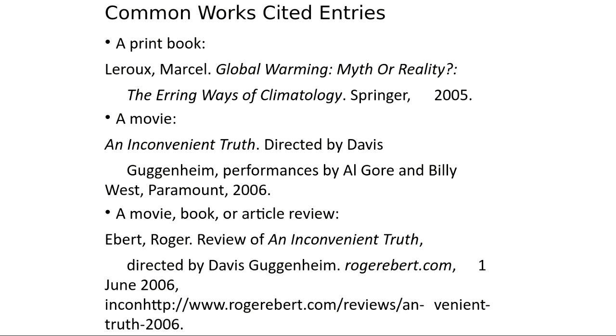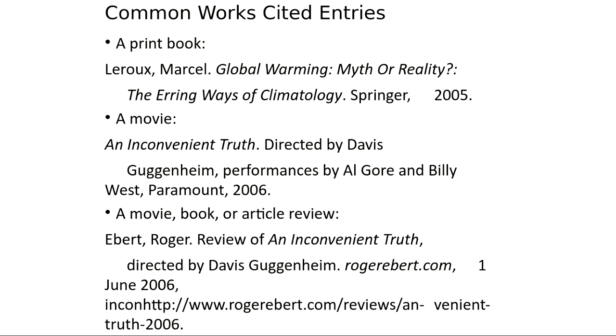So, if you're citing a review of like a movie review, then you do need to say that it's a citation of a review, right? So you begin with the author of the review, and then you want to say, period, review of An Inconvenient Truth.